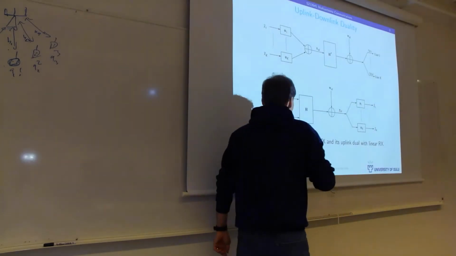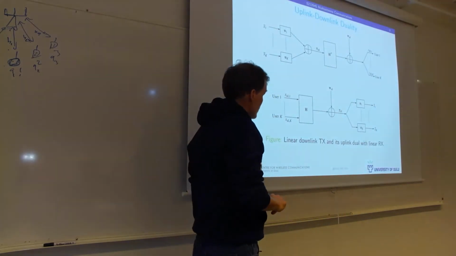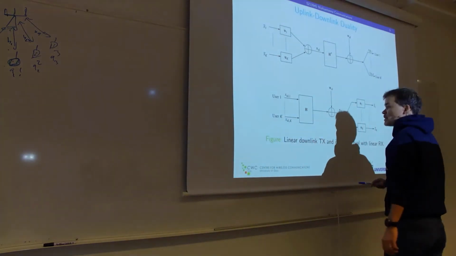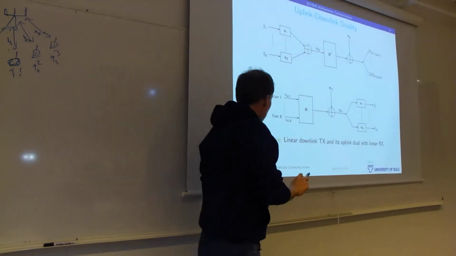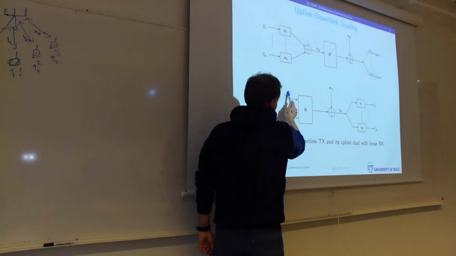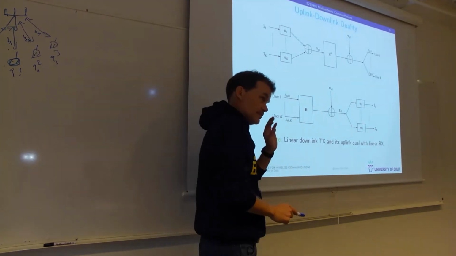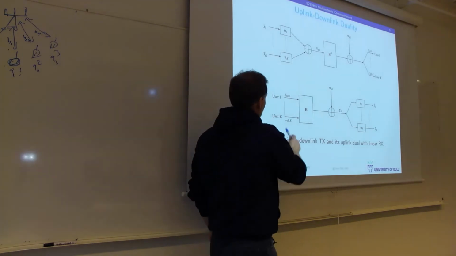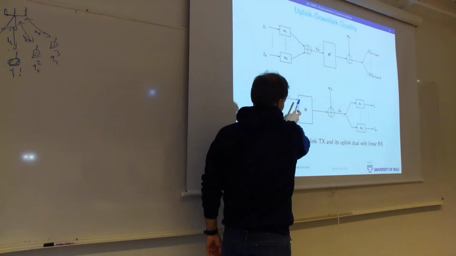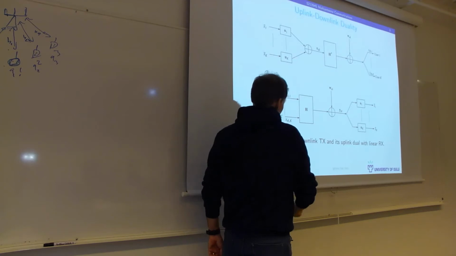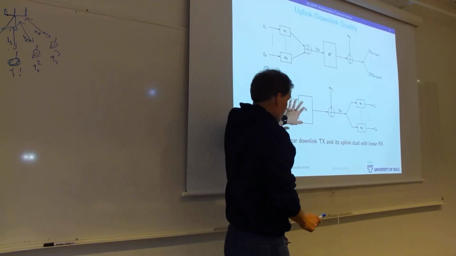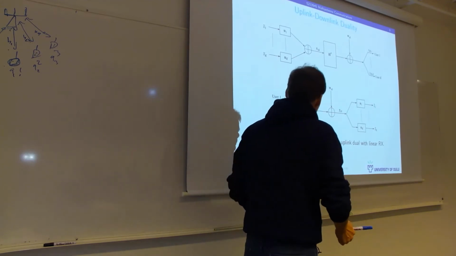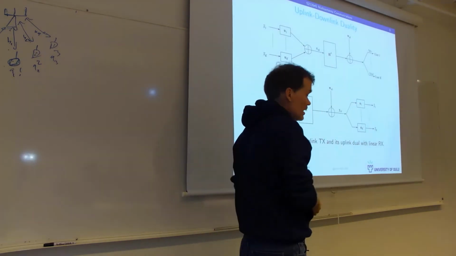Okay. Assuming reciprocal channel, in the uplink, we have K signals from the users. Each user generates a single symbol, X uplink 1 to X uplink K, with power Q1 to QK. Now this is received at the base station.